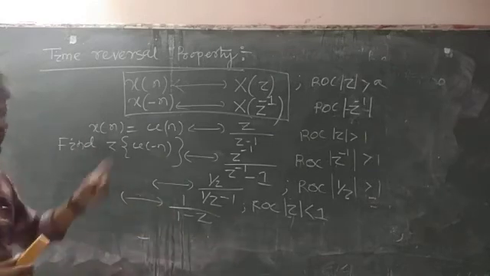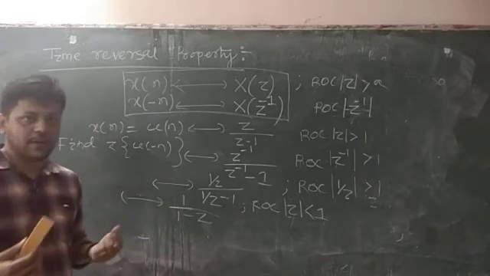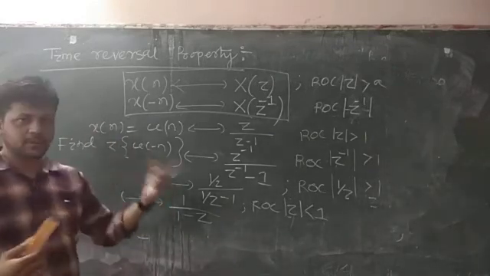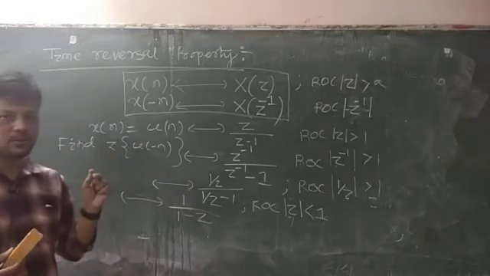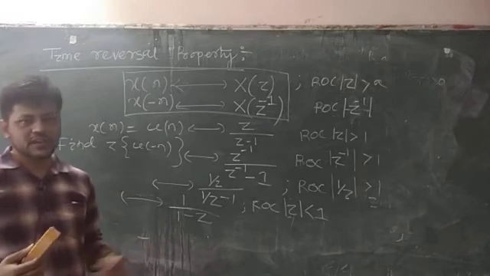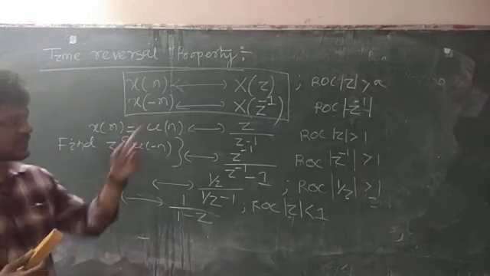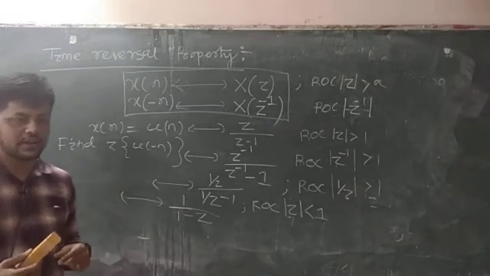Just you need to remember u[n] or a to the power n u[n]. In the previous class I told you to remember the general formula: for a to the power n u[n], the Z transform will be Z by Z minus a, and the region of convergence will be mod Z greater than mod a.